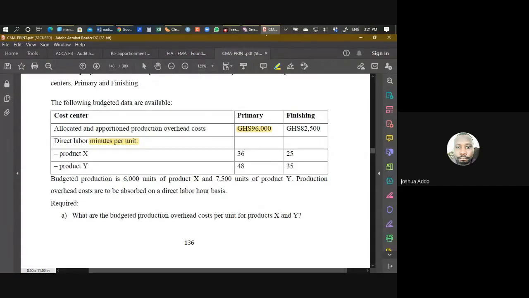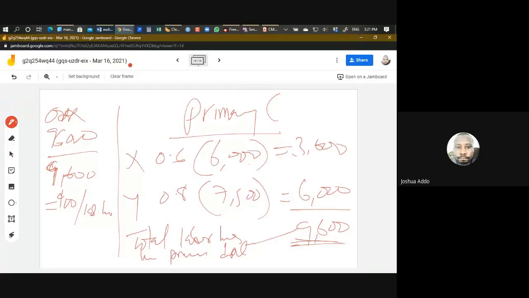It's 36 minutes. When converted to hours, that is 0.6 hours, and this is 0.8 hours. So it takes 0.6 hours for product X to finish in the primary department.